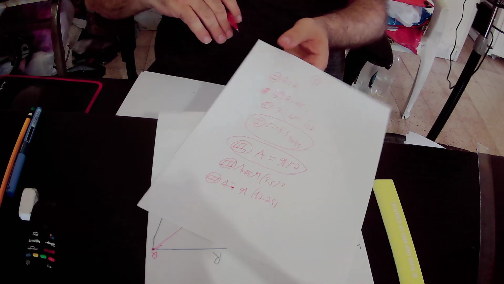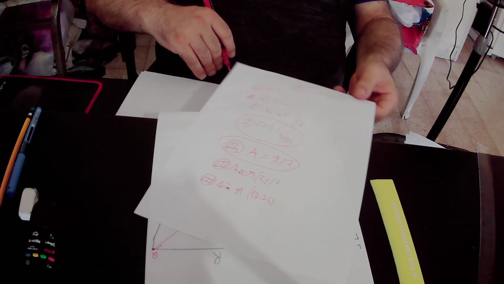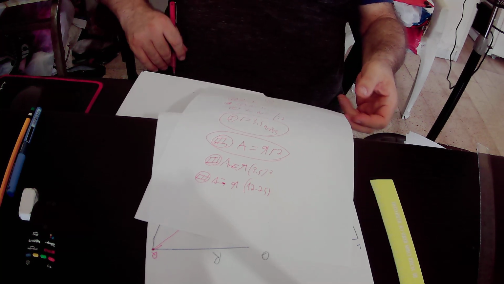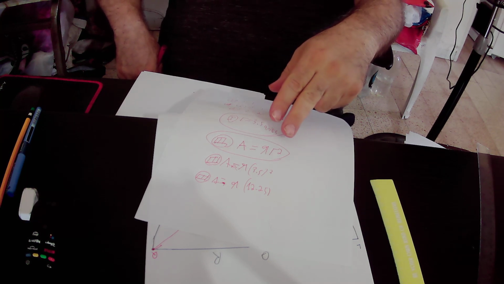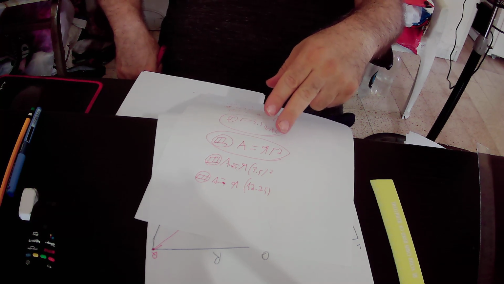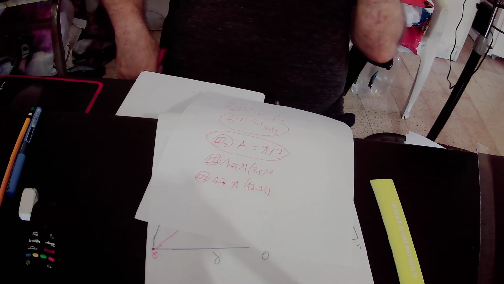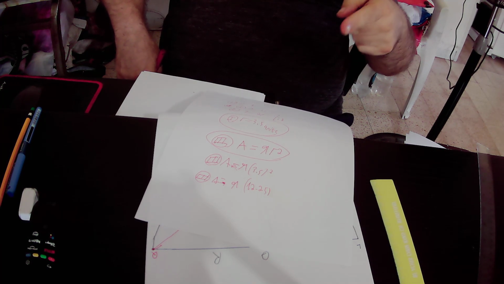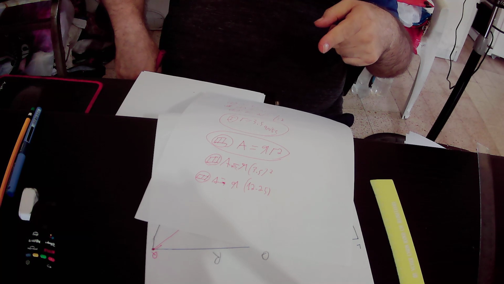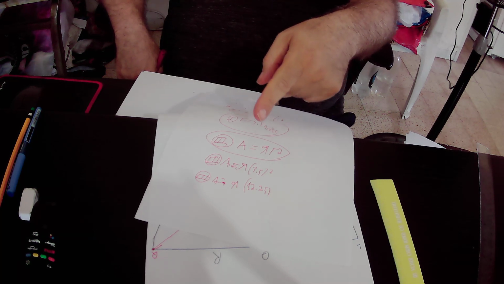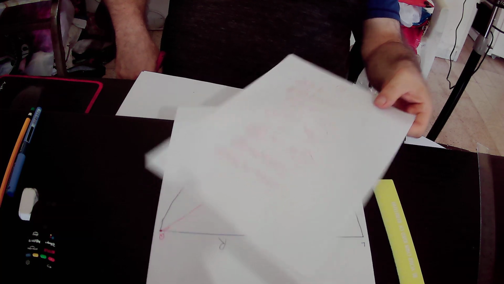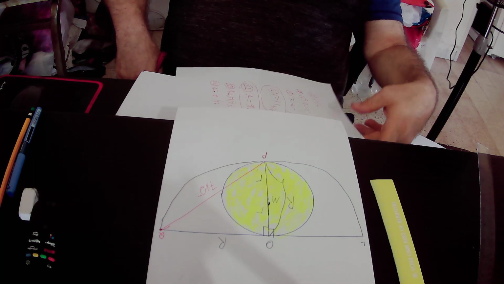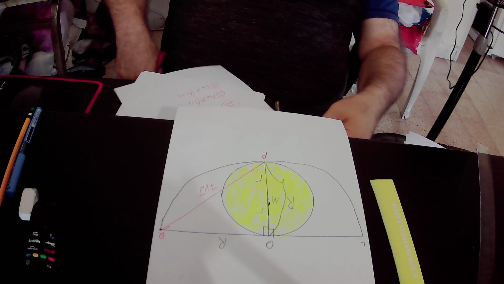So we substituted r by 3.5 units. We got that A equals pi times 3.5 units square. The 3.5 units square equals 12.25, multiplied by pi, equals the area of the yellow circle.